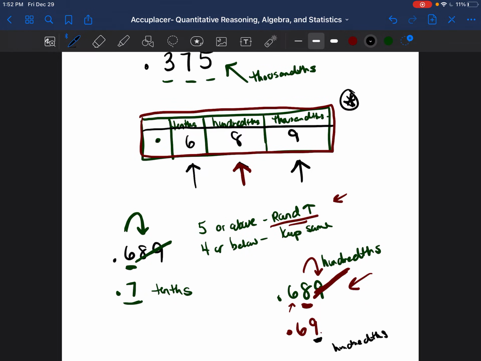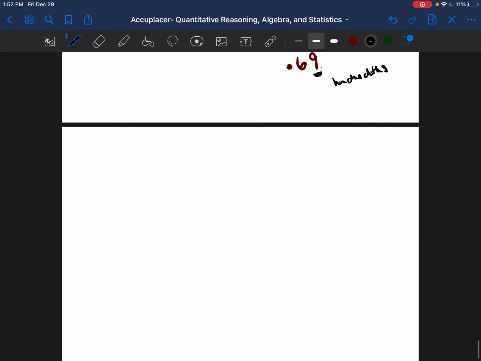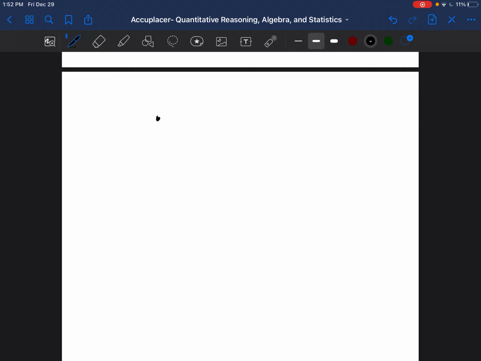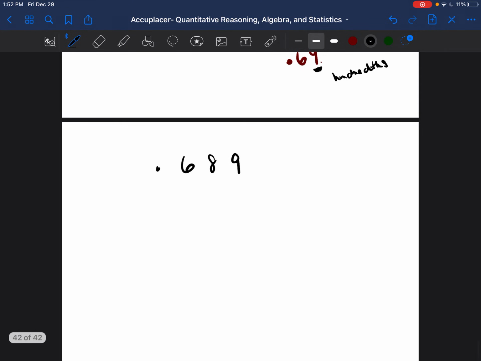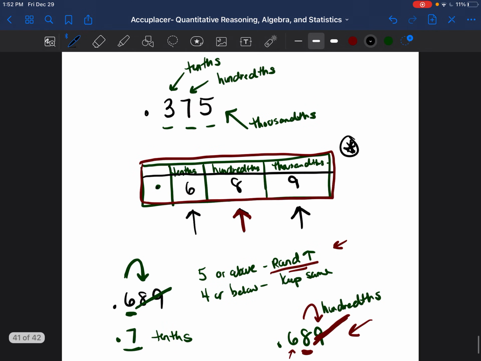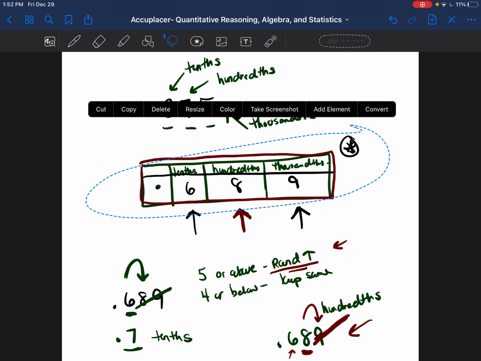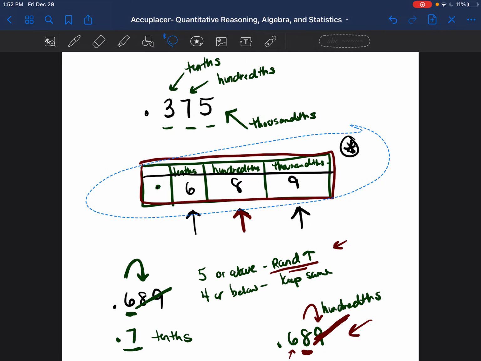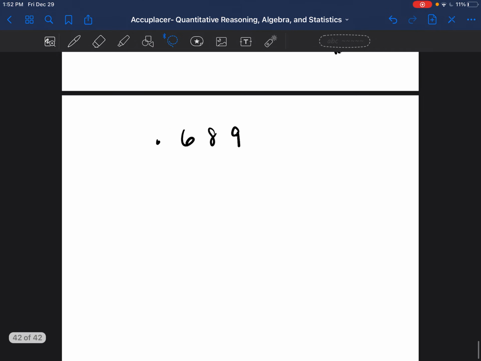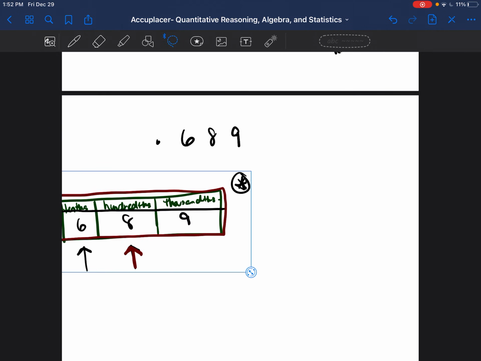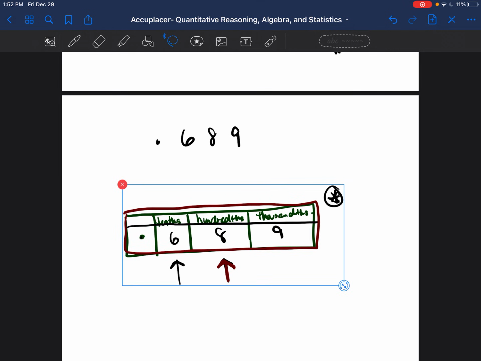Okay, so now that we've practiced rounding, let's practice reading this. 0.689. Remember, we had it in our place value box. So what I'm going to do is just copy this and put it here if it helps. All right.